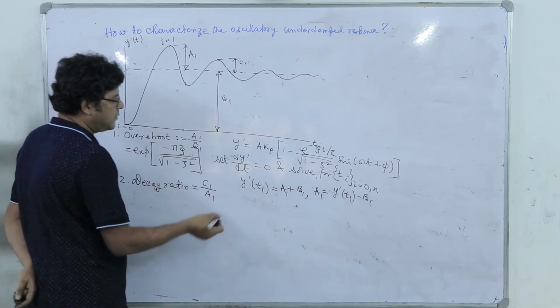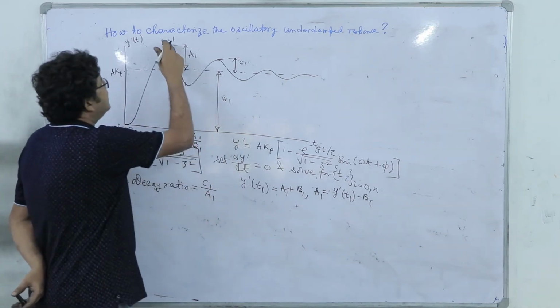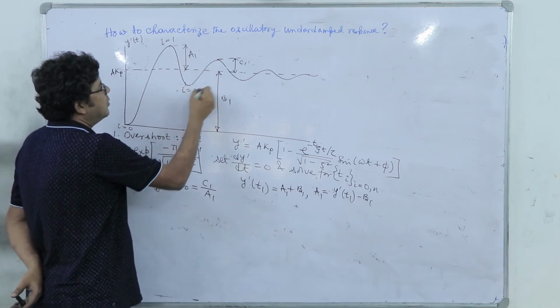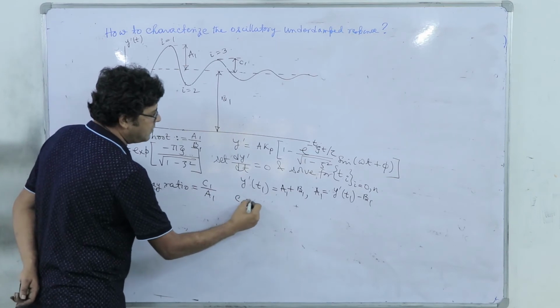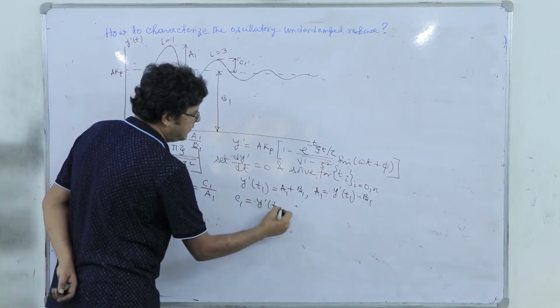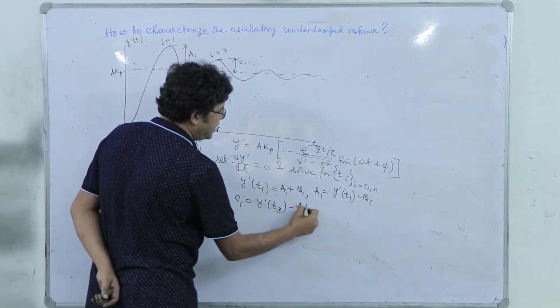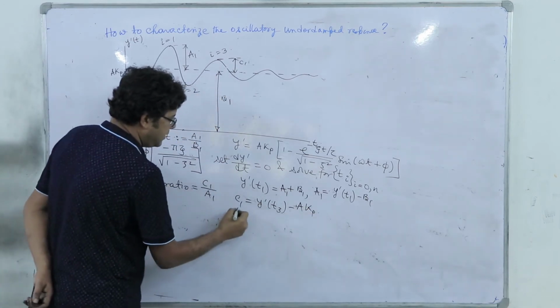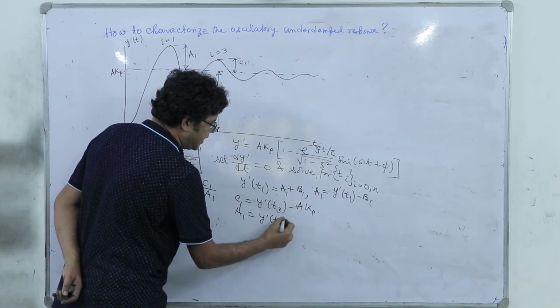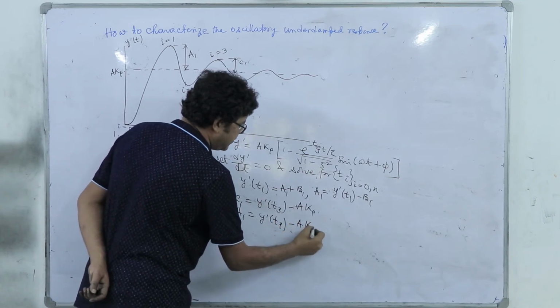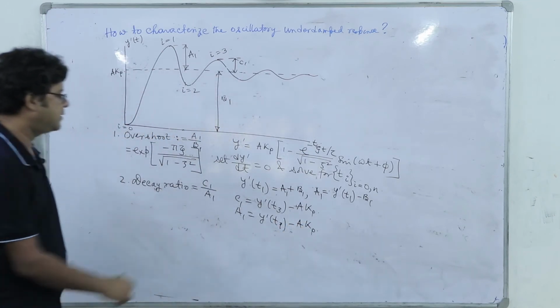Okay. So, what we have to do? See, this is i equal to 1, this is i equal to 2, this is i equal to 3. So, C1 we can write as y prime of T3 minus AKP, and A1 is basically already we have found, y prime of T1 minus AKP. Right.